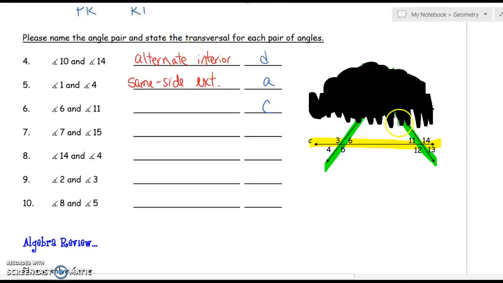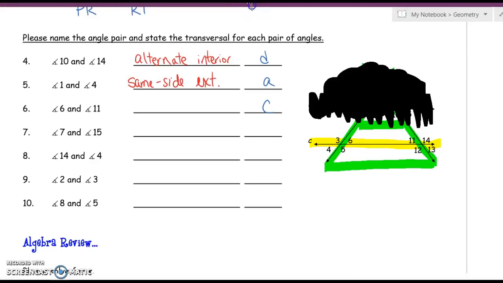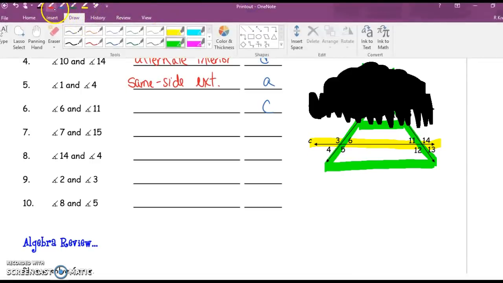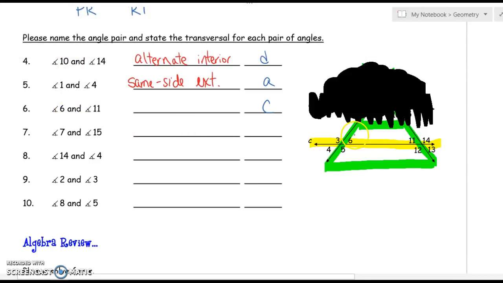And so we're going to create a box with the green lines once again. Anything inside the box is interior, anything outside is exterior. What we're dealing with is angle 6, which is inside the box, and angle 11, which is inside the box. So we're dealing with interior angles. They're either same side or alternate. Here's the transversal, the yellow line. So either 6 and 11 are on the same side or they're on different sides.